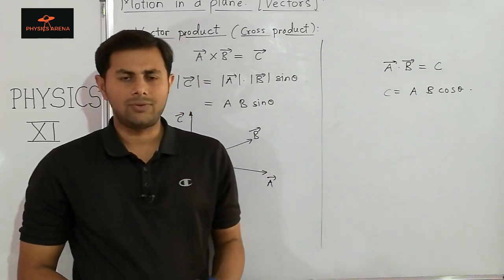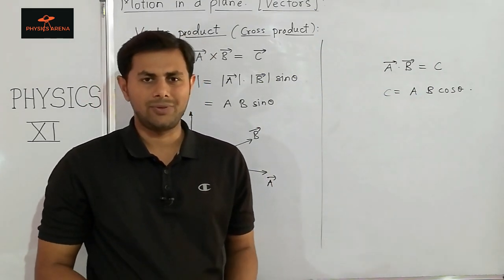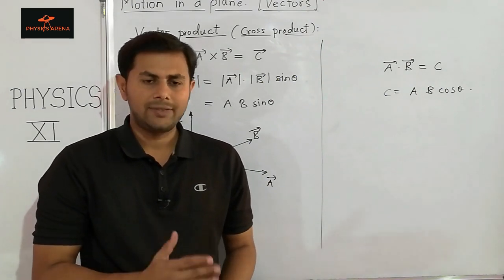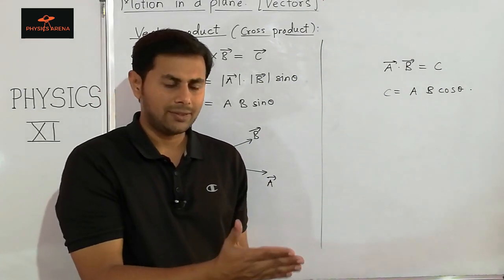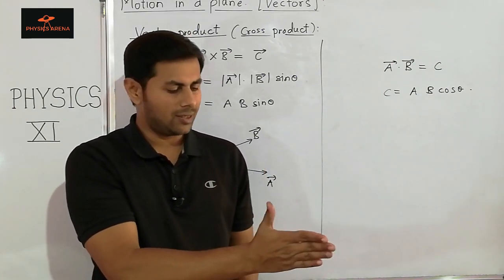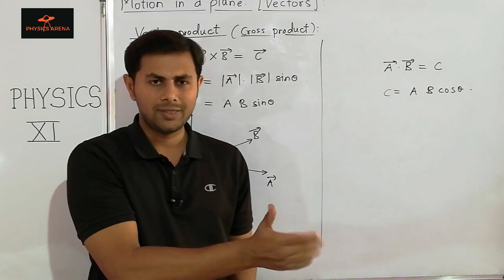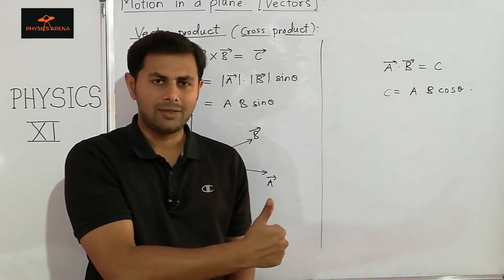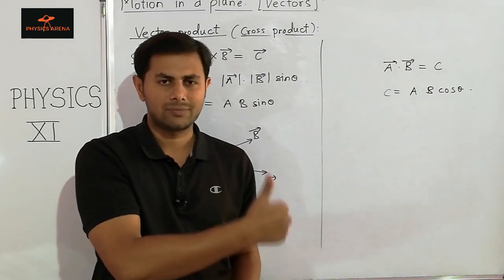Or there is another rule called right hand rule. So what we have to do is take our right hand, keep it in direction of first vector, then curl our fingers in direction of second vector through smallest possible angle and stretch our thumb.